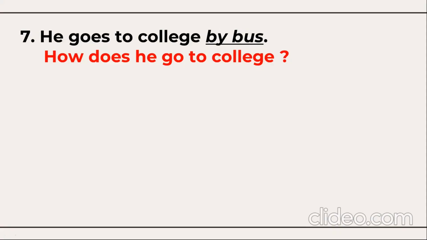Helping verbs are very important to frame a sentence, and especially the helping verb plays an important role in framing questions. So we need to identify the helping verb with the help of the main verb. Goes means simple present tense, so extra s or es, go plus es, that means does. How does he go to college?